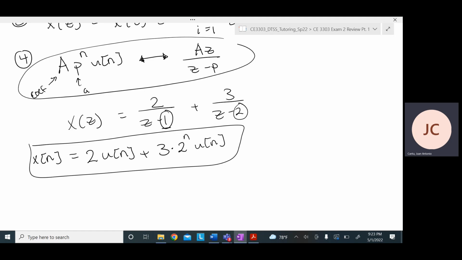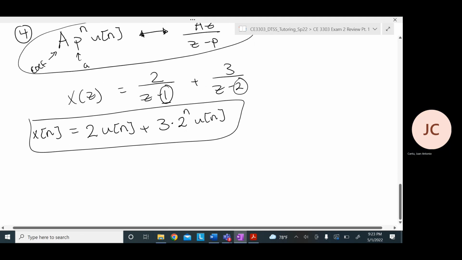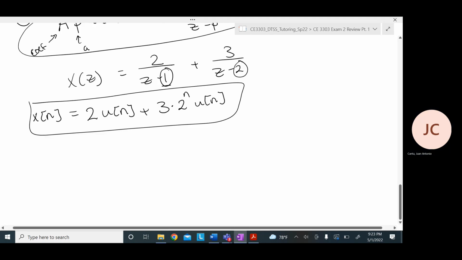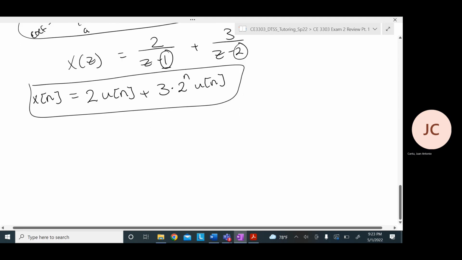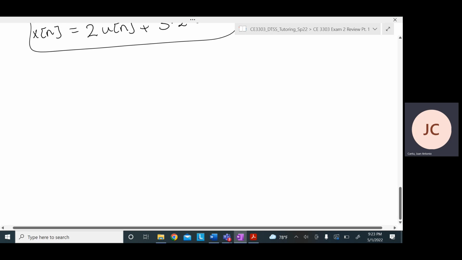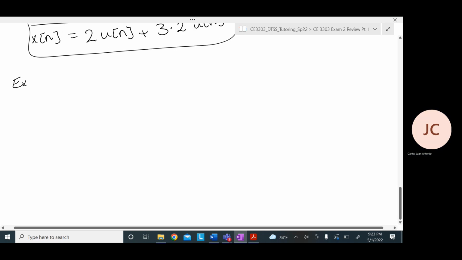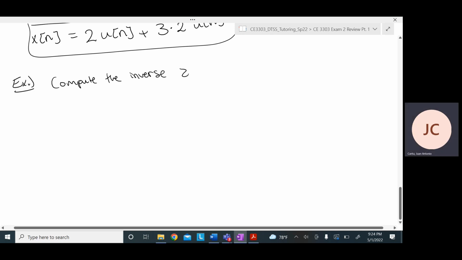Let's do a few examples. Let's do this example right here. Compute the inverse z transform of z plus 3 over z plus 1.